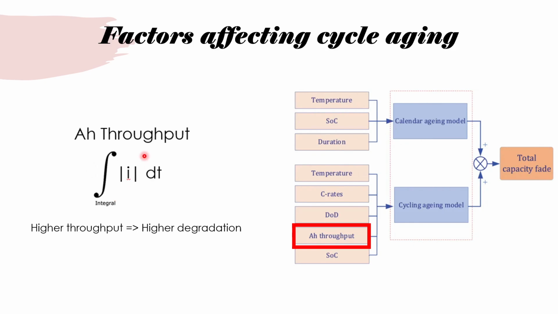So the value of current may be positive or negative depending on whether you're discharging or charging. So if we take a mod of it, we are considering both as positive and finding a cumulative sum. So this is Coulomb counting with a positive current with an absolute current value over time. So higher the throughput, higher is the degradation.